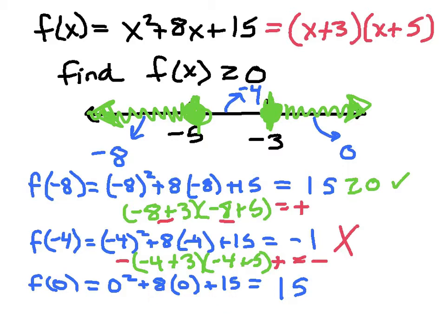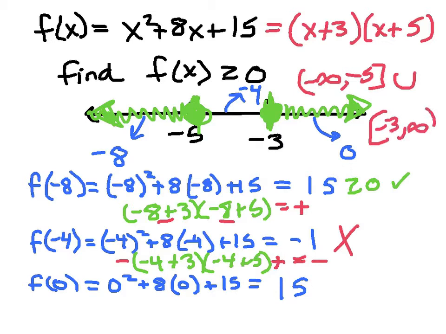Now the last thing I want to do to complete this, and this should be a review, and I'm not trying to fill the screen here with all this work, is talk about the interval notation, what the solution set is. We see that these are the values from negative infinity all the way up until negative 5, including negative 5, and we're going to union that with starting at negative 3 and going to positive infinity.